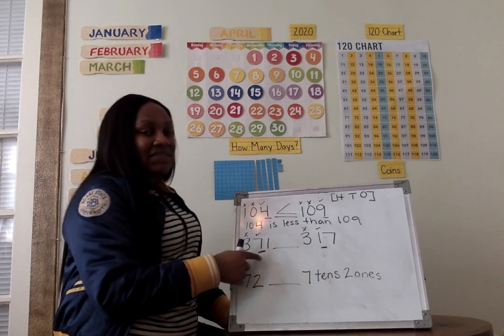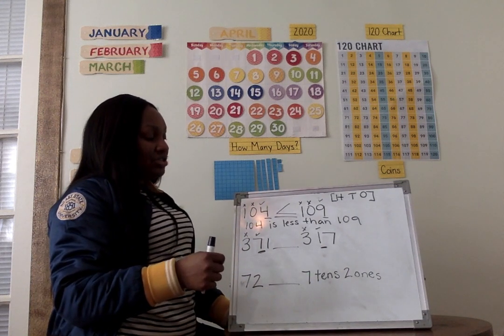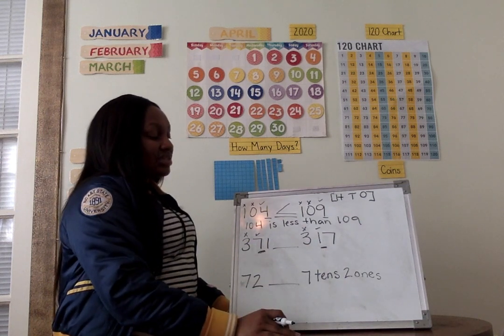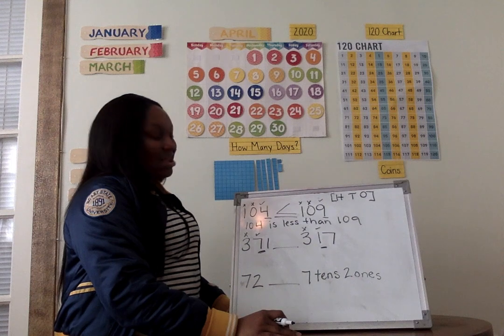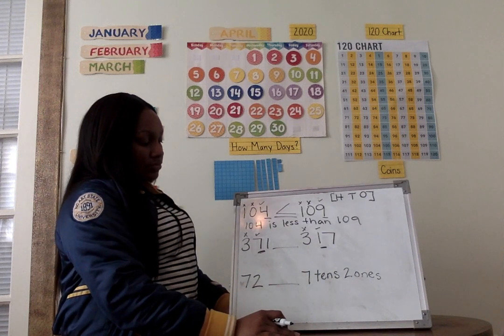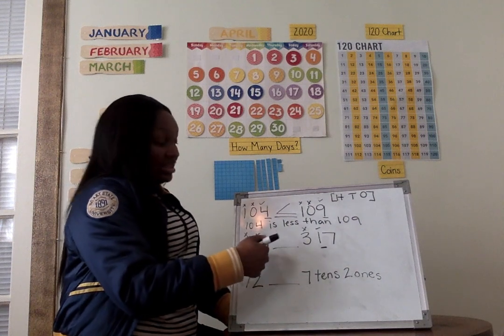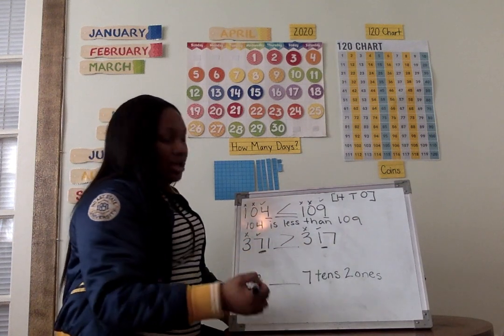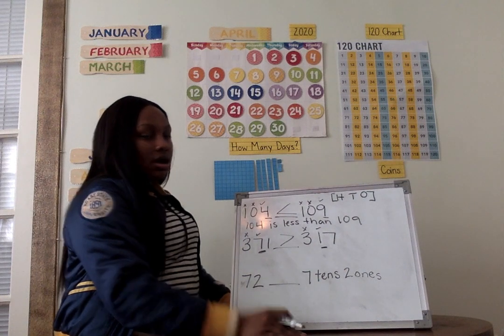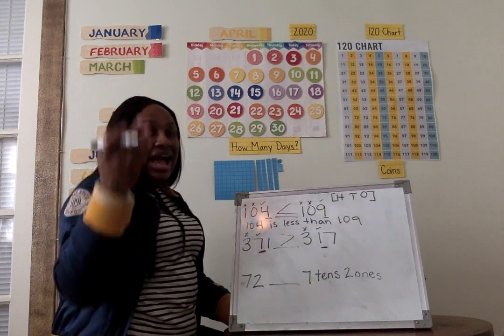Since there's a 7 in the tens place in the number 371 and a 1 in the tens place in the number 317, which number is the alligator going to want to eat? Yeah, he's going to want to eat the number 371. But why? Why won't he eat the number 317? Oh, you're right.